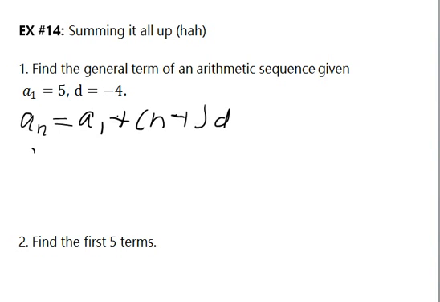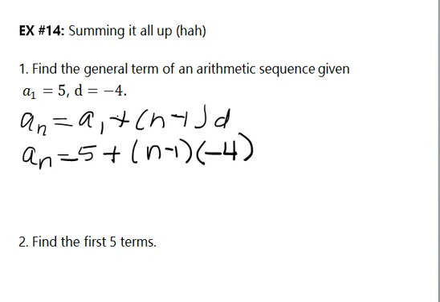If we go and plug in our values that we are given, our first value is 5, and then we have n minus 1 times our common difference of negative 4. Okay, that is the formula for the general term. I can also write this in another explicit way.